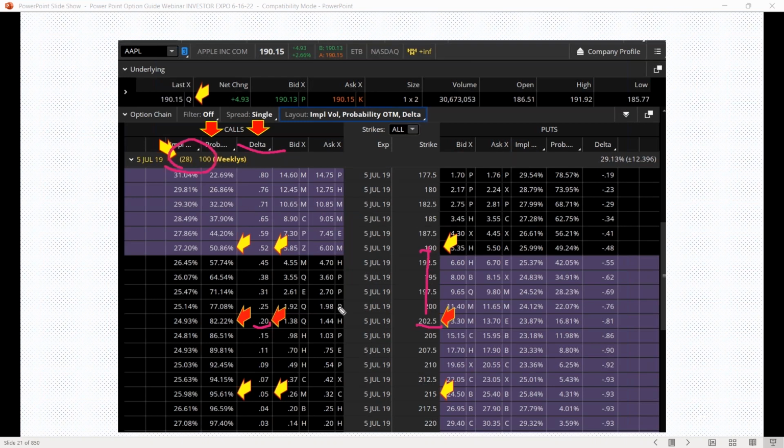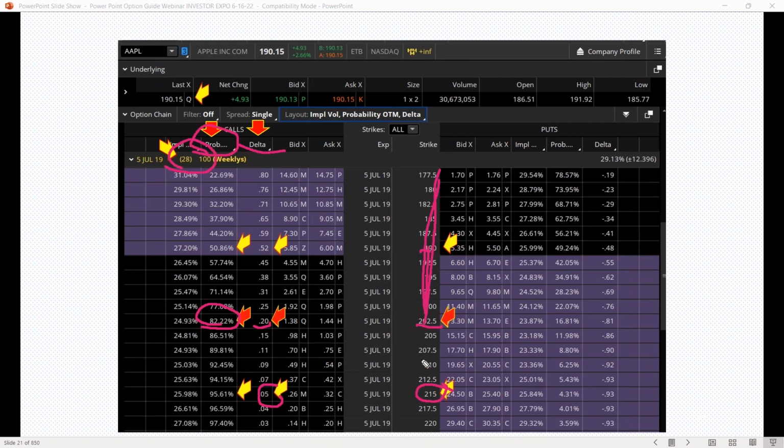Or the other way to look at it is the reciprocal, what we call probability out of the money. That's the 82.22% probability that price will be below that 202.50 using that 20 delta. Then let's take it a step further: if you look at the 215 strike, it has a 5 delta. That's like a 2 standard deviation price point.